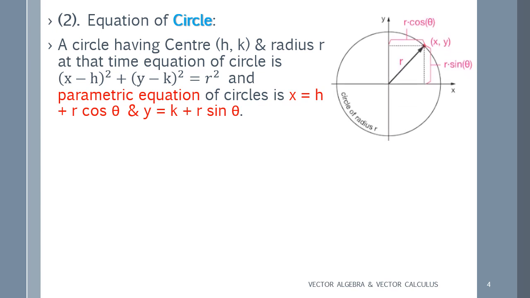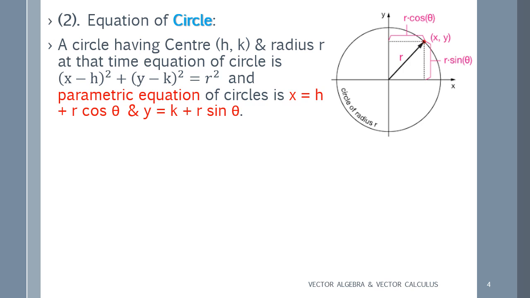Its parametric equations are x equals h plus r cos theta and y equals k plus r sin theta. It looks like r cos theta and r sin theta because if we take the center as 0, then x equals r cos theta and y equals r sin theta. And here also I have drawn the figure, you can see that.